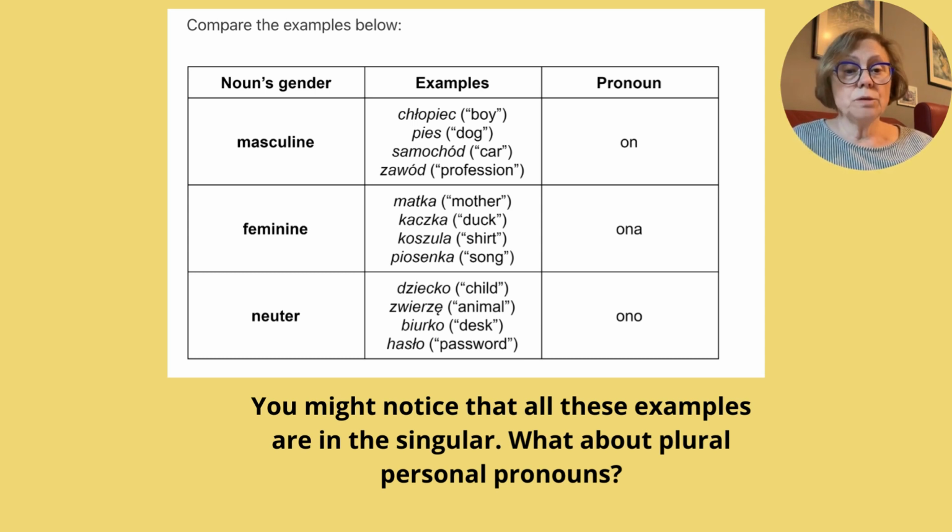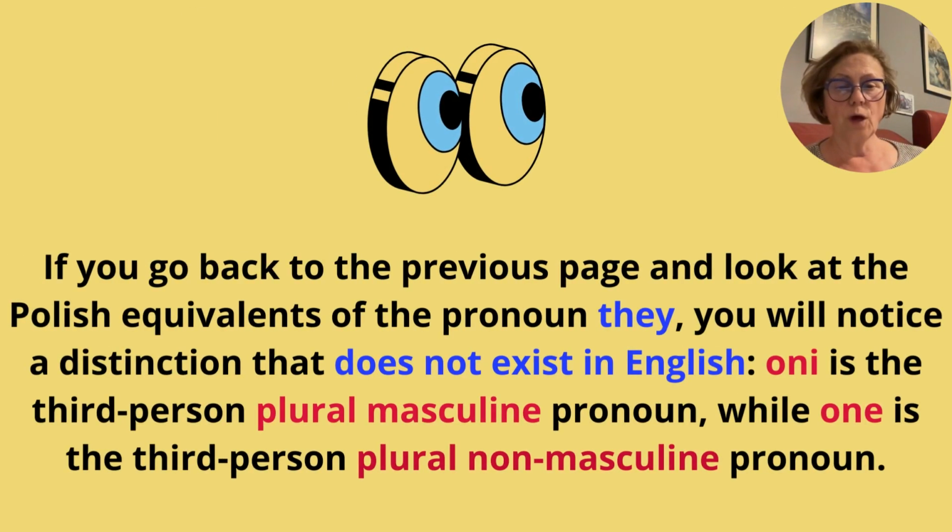What about plural personal pronouns? If you go back to the previous page and look at the Polish equivalents of the pronoun they, you will notice a distinction that does not exist in English.